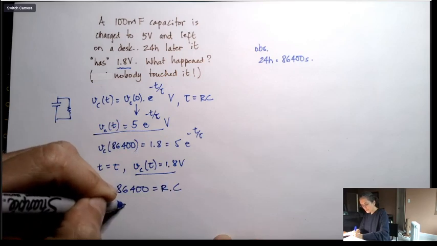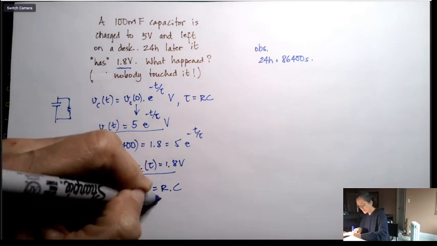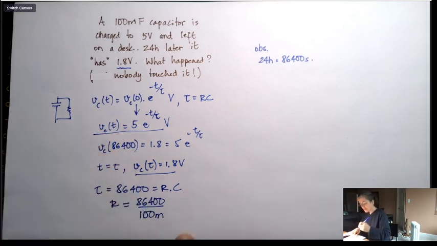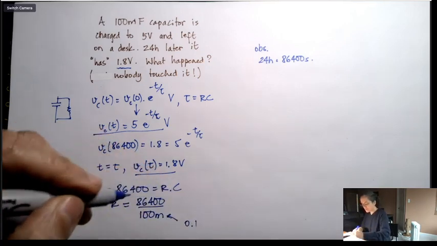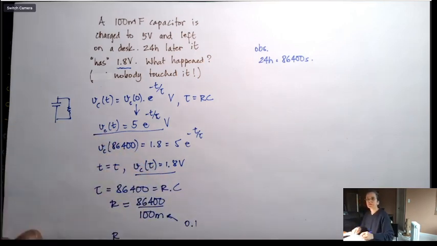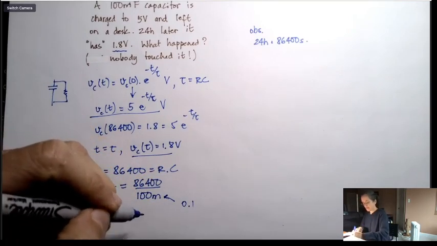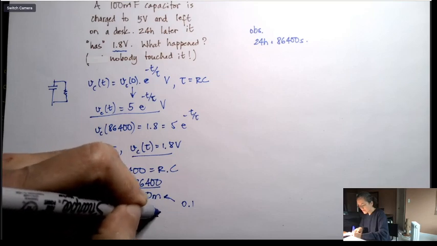So we know that the resistance will be 86,400 divided by C, which is 100 milli. And 100 milli really is 0.1. So it's really multiplied by 10, I don't know if you can see it. It's 864 kilo ohms.